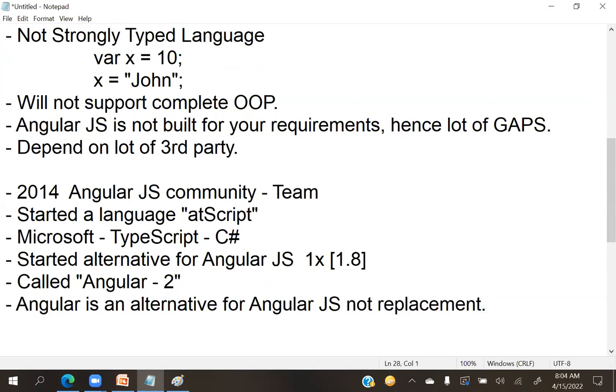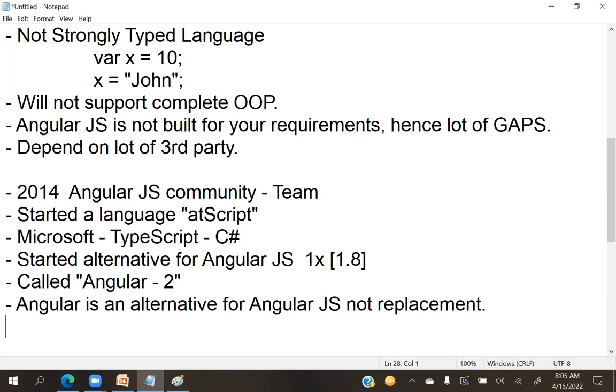Many people think that Angular is the advanced version of AngularJS. No, it is completely different. Angular is completely reconstructed. And in current software companies, some companies need AngularJS people even today, because their projects are still running on AngularJS.